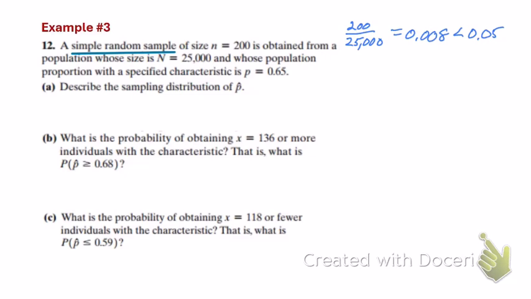Okay, it wants to know, describe the sampling distribution. Well, where's the center of this thing going to be? Wherever the population is. So 0.65. And that says mu of p hat, so the center of our sampling distribution. Okay, how about the standard deviation?